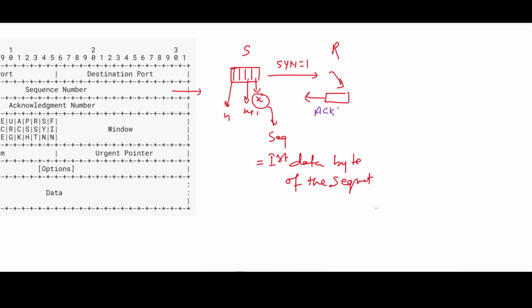That means this segment is received by the receiver. Now there are two things here: sequence number and acknowledgement number. Here there is the SYN flag, and here the ACK flag is 1.